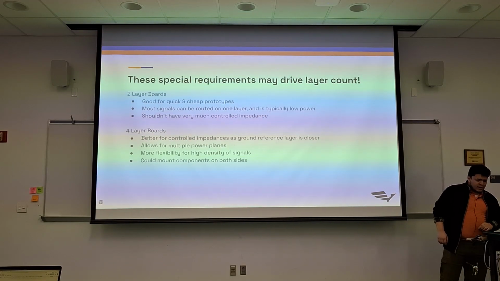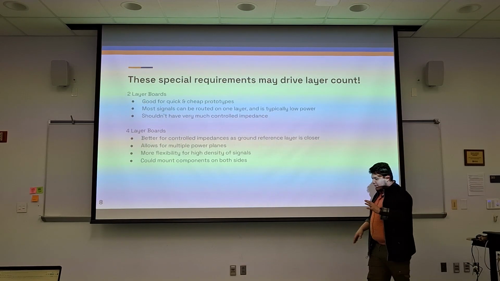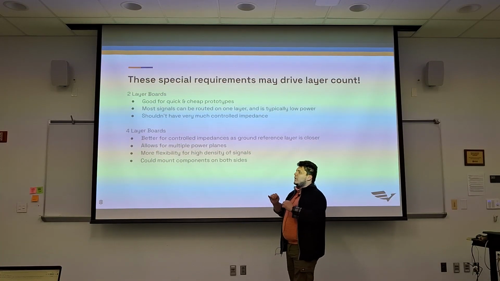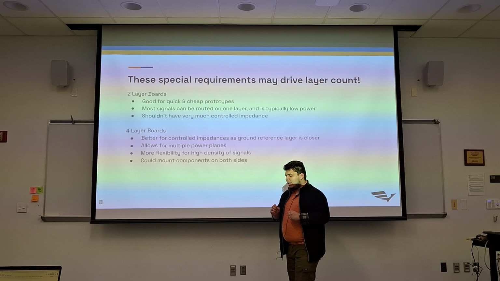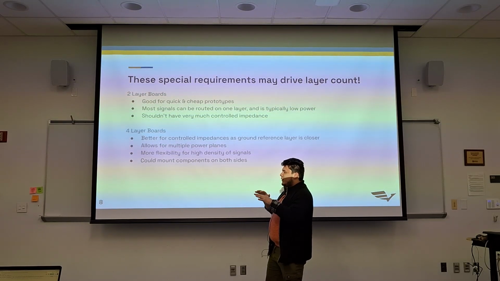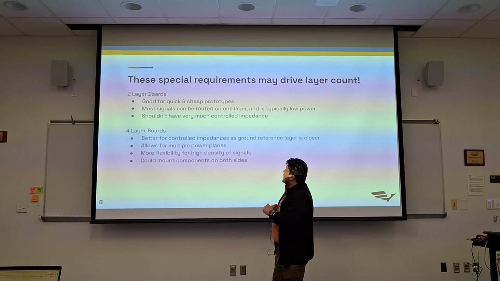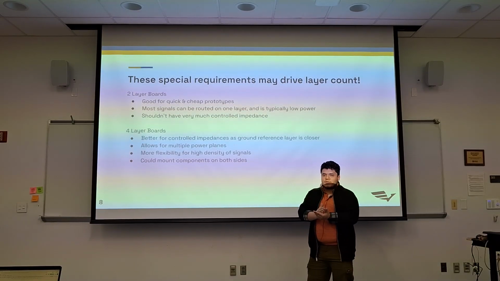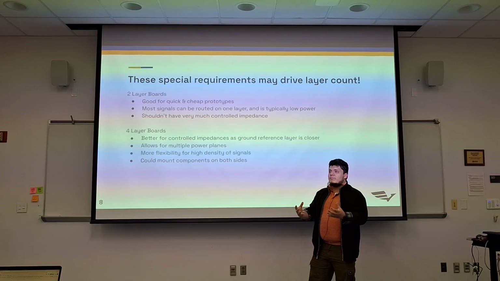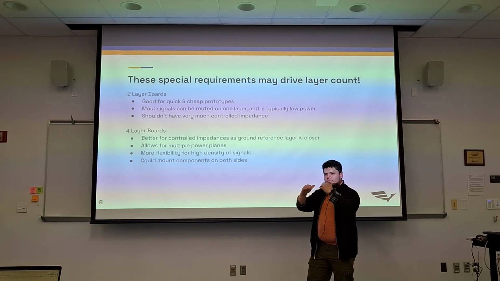mechanically speaking. And as I mentioned, some of these things are actually going to drive our layer count, because if we have sensitive signals where we need to control the impedance, and we have to have a lot of control over very specific and nitty-gritty details, then maybe we want to make sure we have a solid ground. And if it's a dense board, maybe we can't route everything on the surface layer.